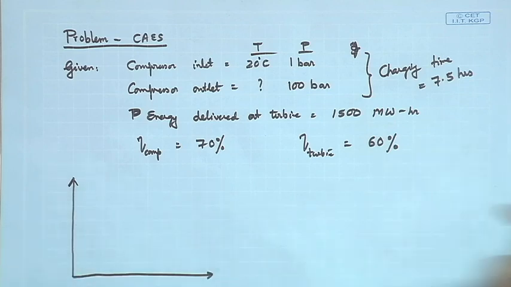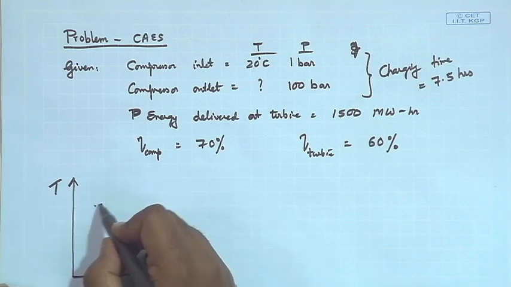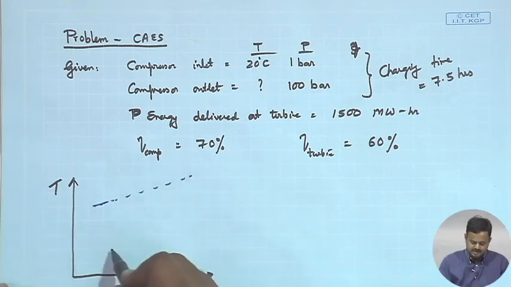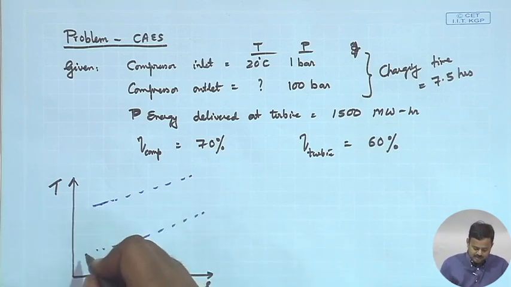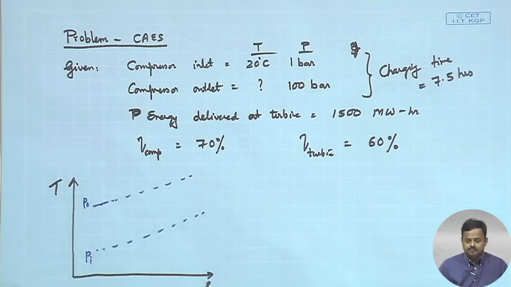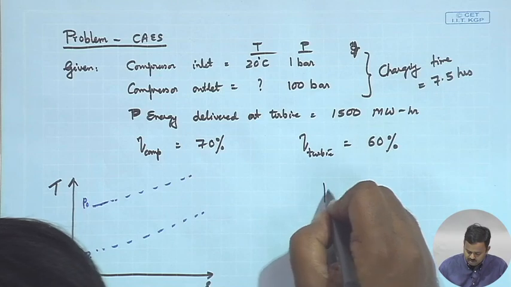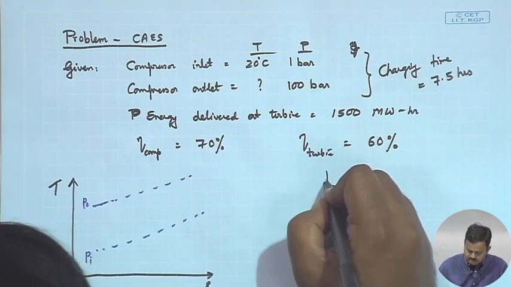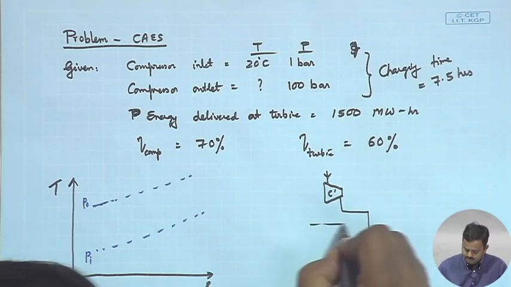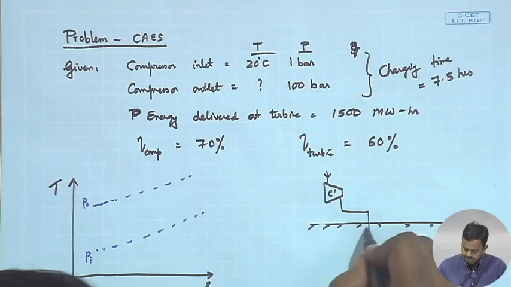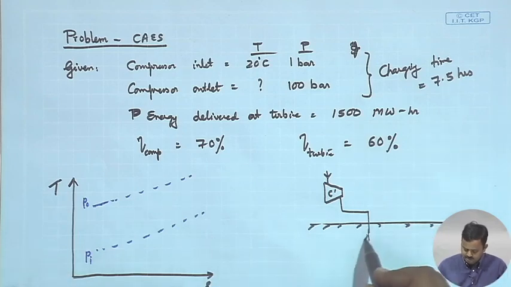Let us say this is my TS diagram, and it is more of the compressor stage in a Brayton cycle, similar to the compression stage in the Brayton cycle, where this is my P1 or P inlet, and this is my P outlet. Again, recall, if I simply draw a compressed air energy storage: this is my compressor, this is my ground level, and this is my storage reservoir.